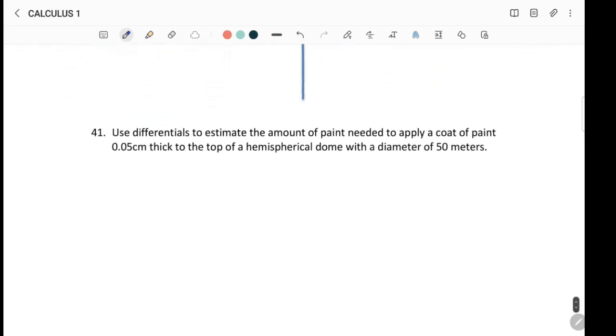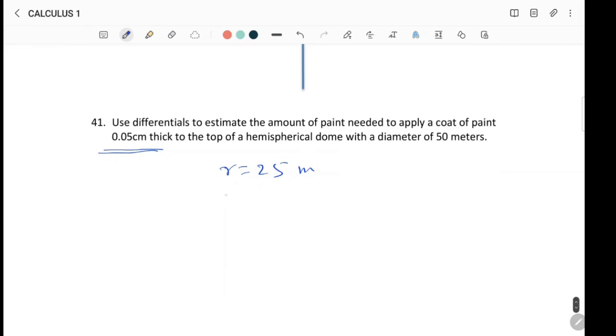Now use differential to estimate the amount of paint needed to apply a coat of paint this much thick to the top of a hemisphere with a diameter of 50 meters. So guys, if diameter is 50, then radius is 25 meters, and this much thickness we have to apply, so delta r is 0.05.